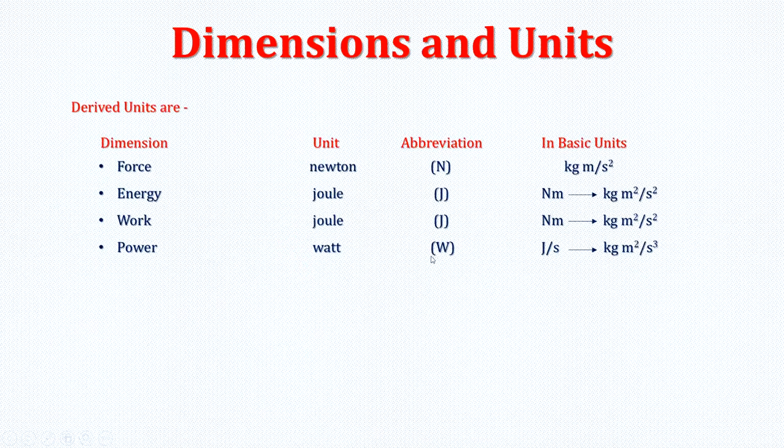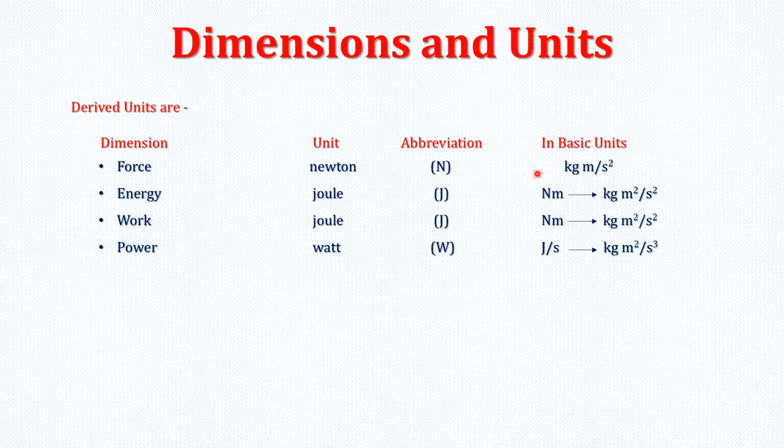These are all named after certain persons, right? Hence the abbreviations you will find are in capital letters. Then in the last column I have included the basic unit conversion of these derived units.